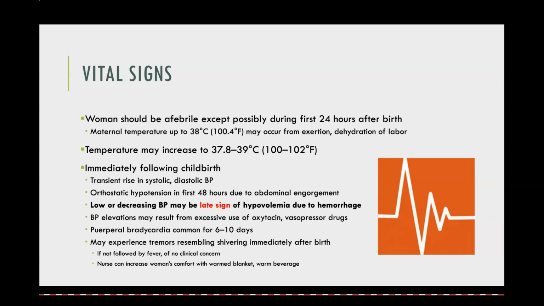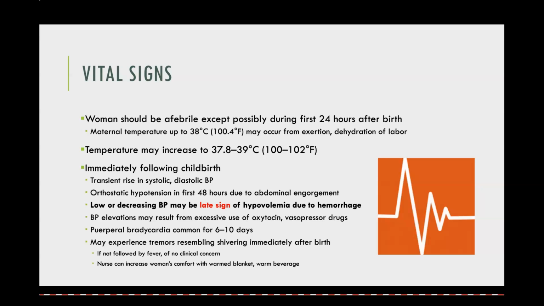And that just happens because of this massive exertion of the labor and delivery process, and then the dehydration that can happen to the mom because of the labor and delivery process. Temperatures might increase anywhere up to 102 degrees.